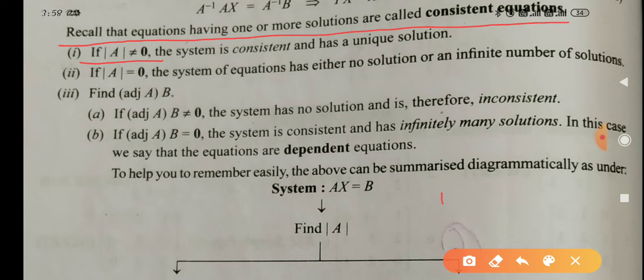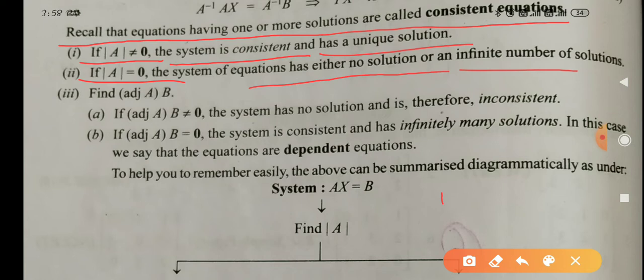So you find its determinant; if it is not equal to 0, then the system is consistent and has a unique solution. And if it is 0, then the system has either no solution or infinitely many solutions.